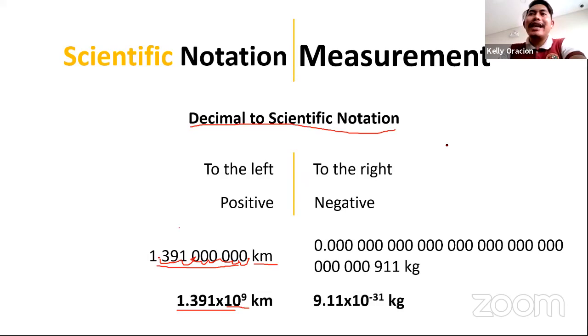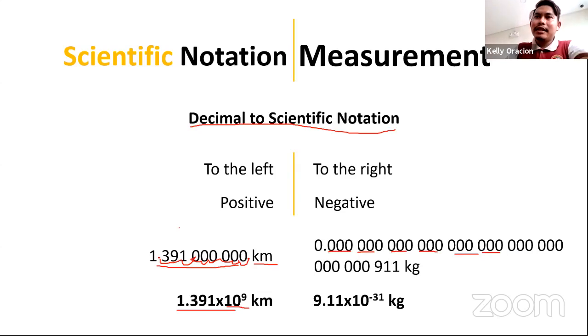The correct answer is 9.11 times 10 raised to negative 31. Okay. So if we are going to count this one, may sobra, may kulang. So let's count. This is already 3, 6, 9, 12, 15, 18.